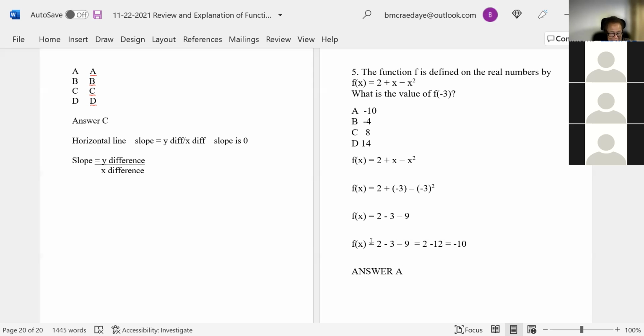Plus times minus gives minus. And here you got minus 3 times minus 3 is a plus 9. There again, plus times minus gives minus. Answer A. I gotta go get my sign method, go back to your signs.